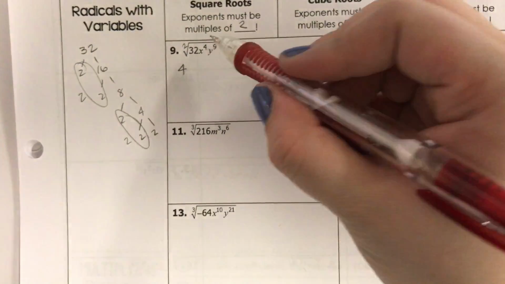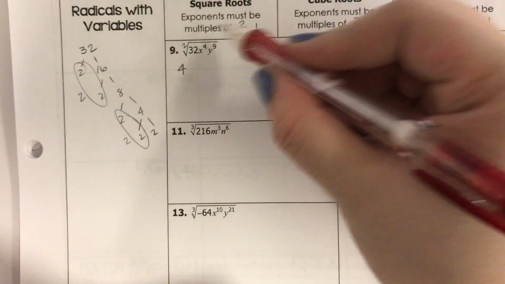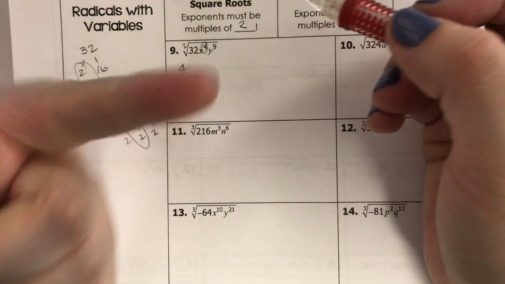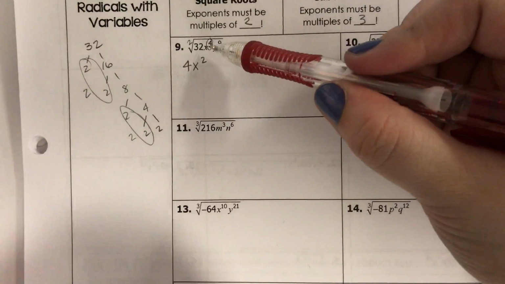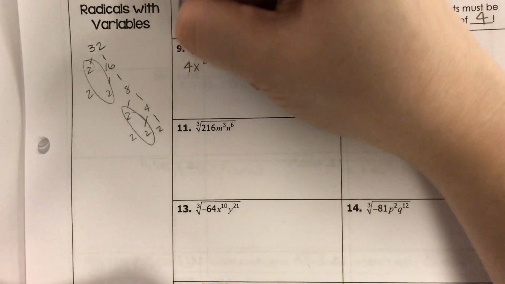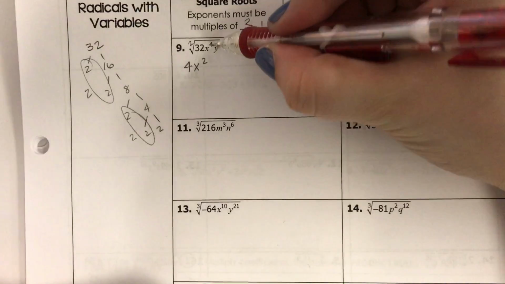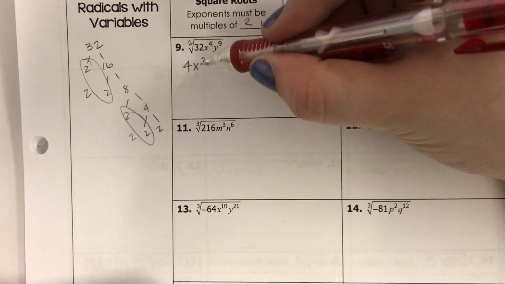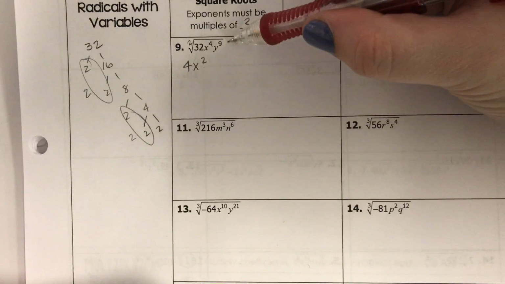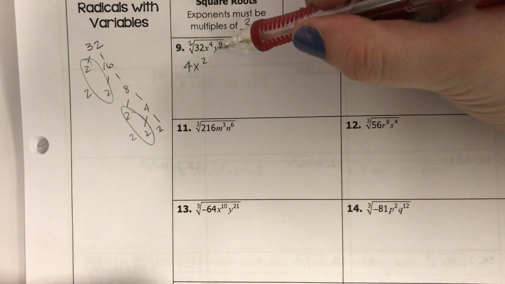I'm looking for exponents that are multiples of 2. 4 is 2 times 2, which means I can take out x squared. What I do with exponents is really simple: whatever number this is, I divide by this number. 4 divided by 2 is 2. With odd numbers, you're going to round down.